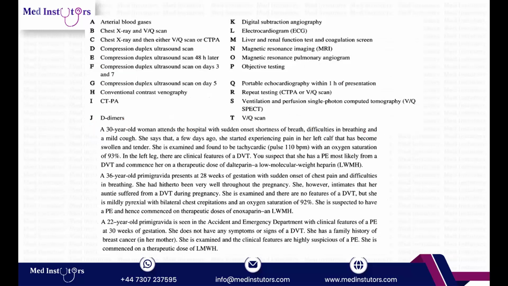Next question, guys. This is again a guideline on the management of venous thromboembolism. Do you all want me to zoom in?